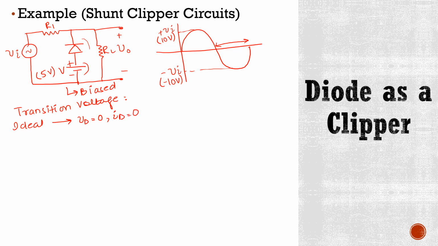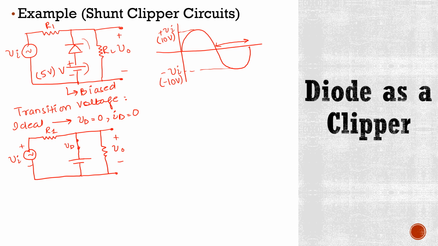If we apply this condition to this circuit, our circuit will look like this, where we have V0, this is Vi, this is R1, this is Vd, and this is the 5 volt battery.